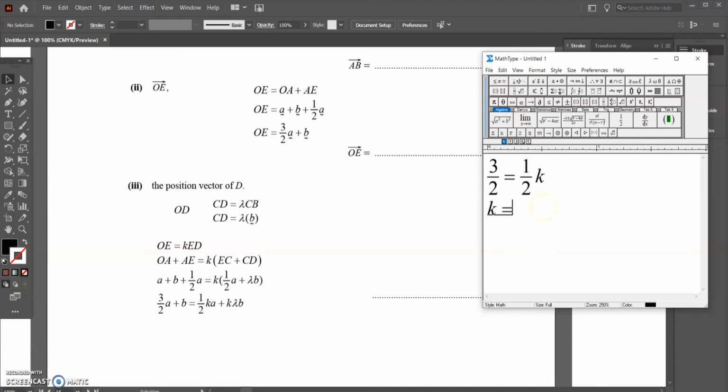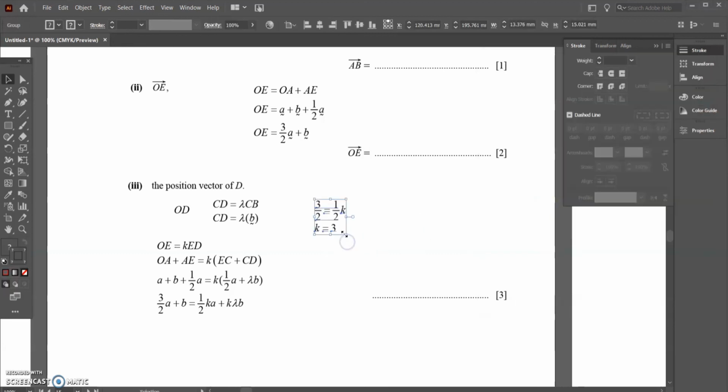So from here, I know K equals 3. That's the first thing.